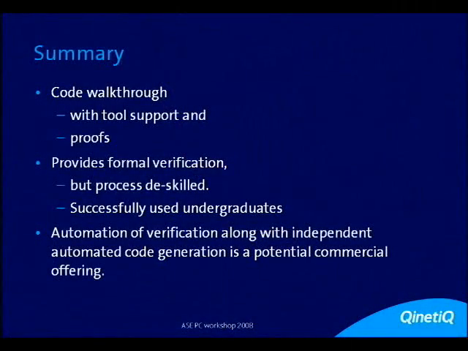So we've been able to deskill this formal automated verification to a code walkthrough with tool support and with proof. It's highly deskilled, successfully used by undergraduates, not graduates, and the automation of verification along with independent automated code generation is a potential commercial offering.